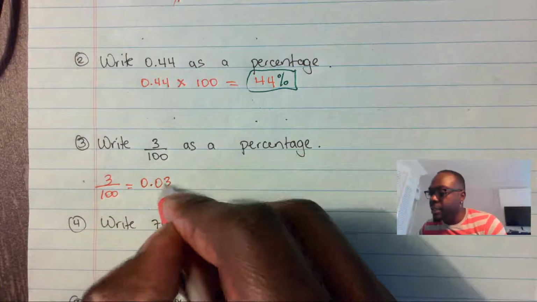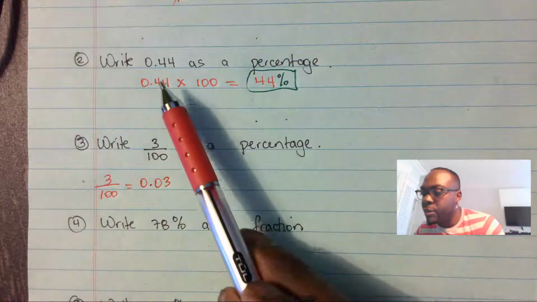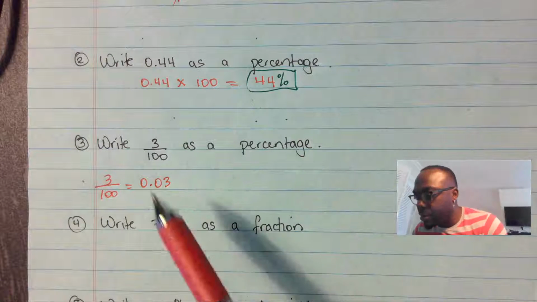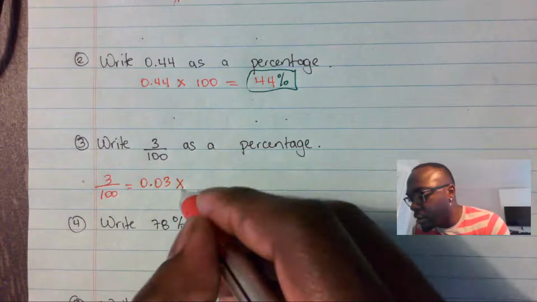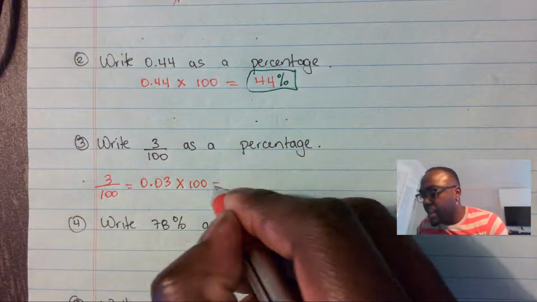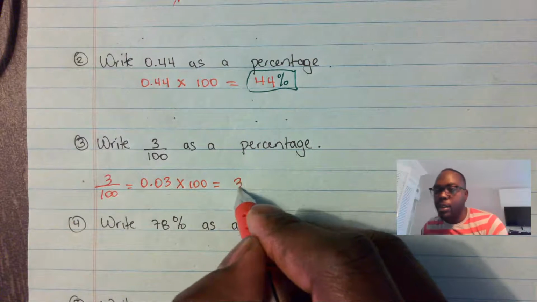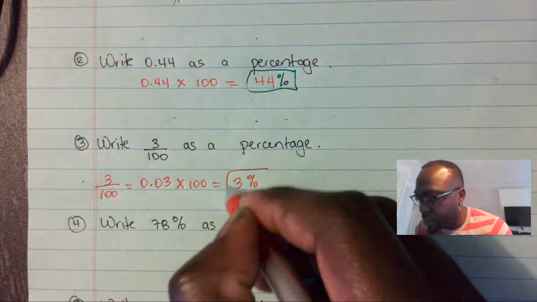But 0.03 is not your percentage. If you remember how we were able to convert from a decimal to a percent, all I would do is multiply this by 100, and that will give me 3. So all I would do is add my percent sign, which is 3%.